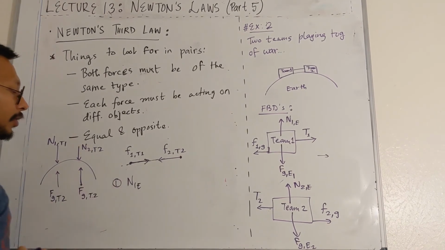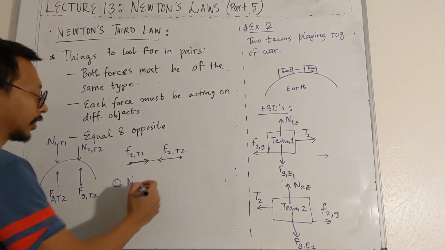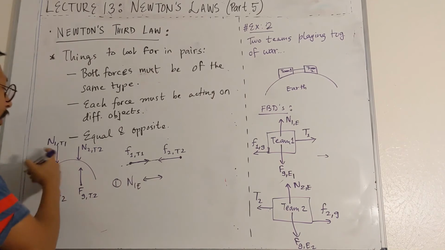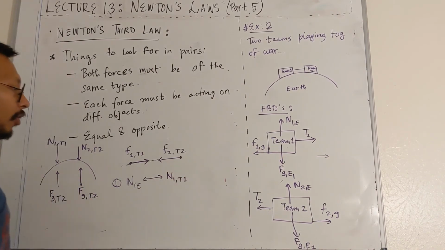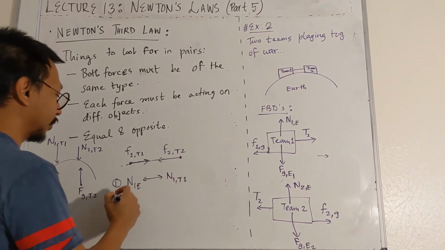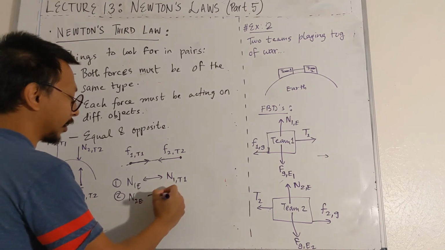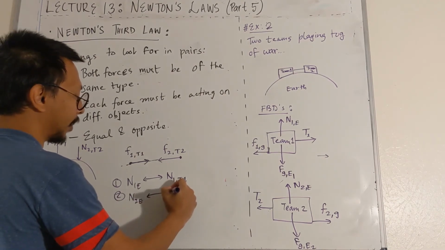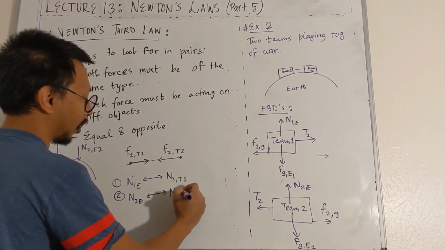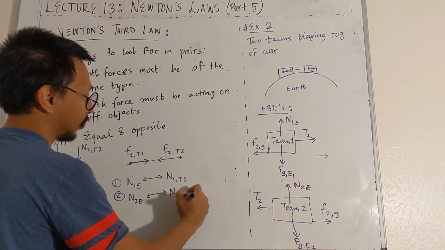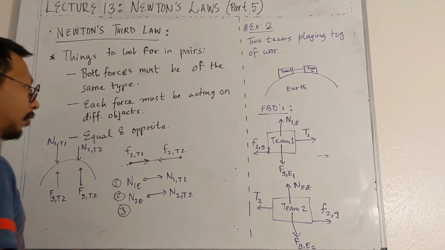N1E, the normal force exerted by Earth on team 1, is paired with N1T1, which is the normal force exerted by T1 on the ground or the Earth surface. Another pair would be N2E, the normal force exerted by Earth on team 2, is paired with N2, the normal force exerted by team 2 on Earth. So N2T2.